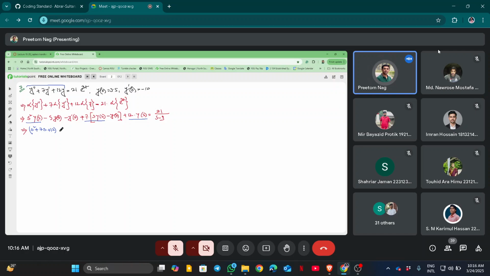The terms s y0 can now be moved to the right hand side, s y0 is 3.5 s, and minus 10, because this will be plus 10, here it will be minus 10.